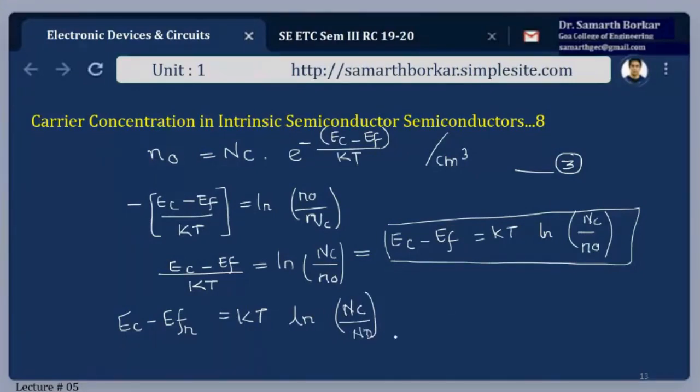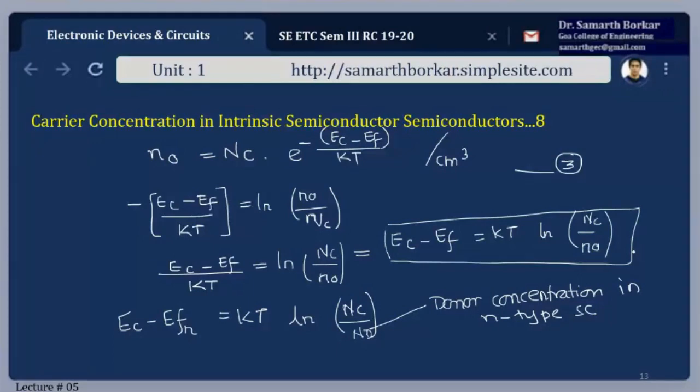Now, how can I write n0 equals ND? What is ND? ND is the donor concentration in an n-type semiconductor. Number of donors equals number of electrons, because there are no acceptors. Again, this I'll explain in detail in the next class.